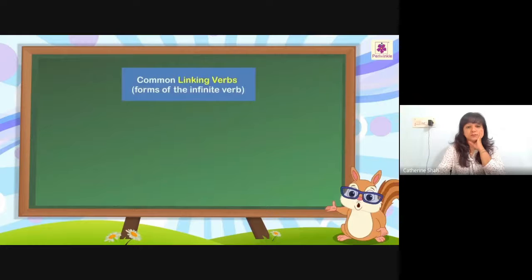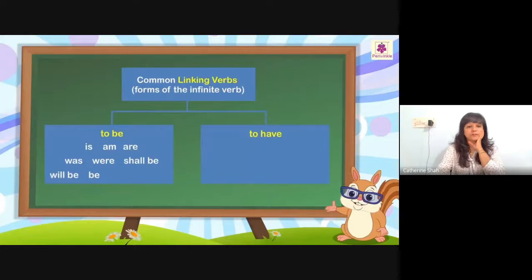Common linking verbs are the forms of the infinite verb to be and to have. The forms of the infinite verb to be are is, am, are, was, were, shall be, will be, being, and being. The forms of the infinite verb to have are has, have, and had.